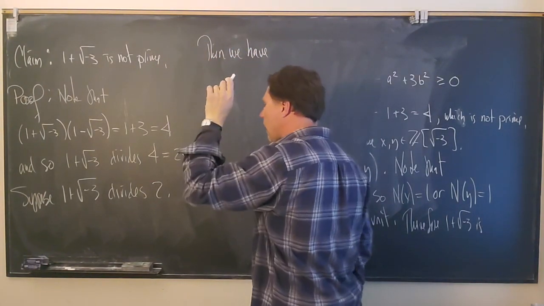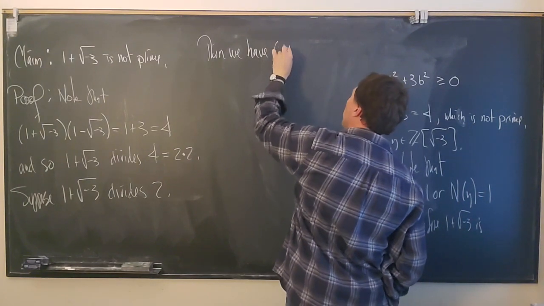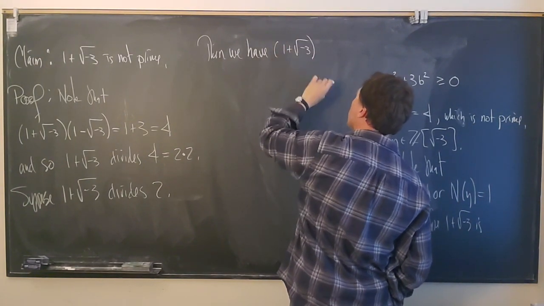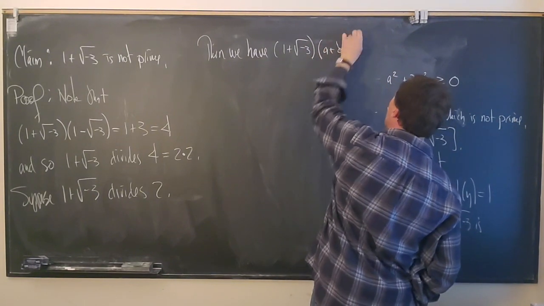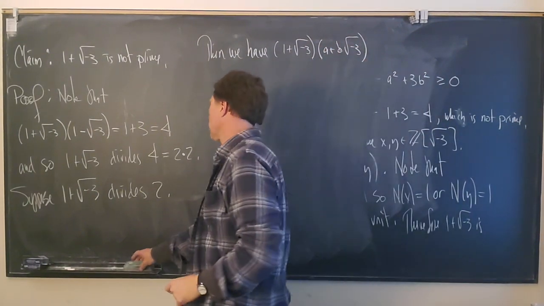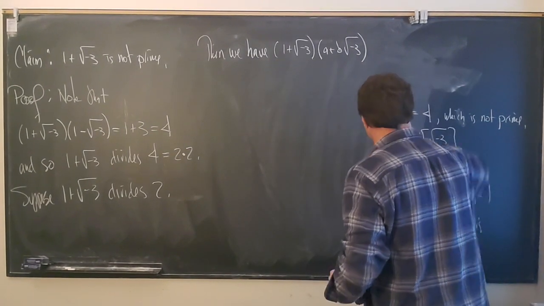we have that 1 plus square root minus 3 times a plus b square root minus 3. And let's actually write out who this is.